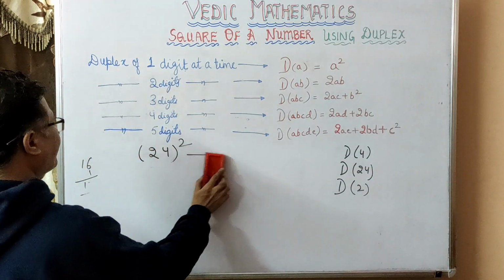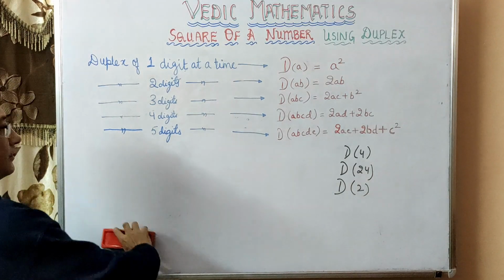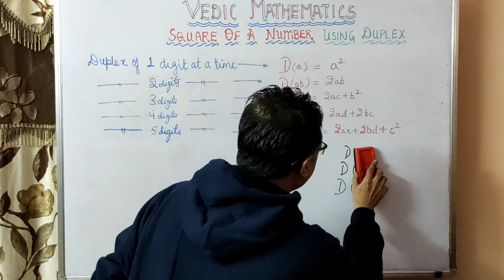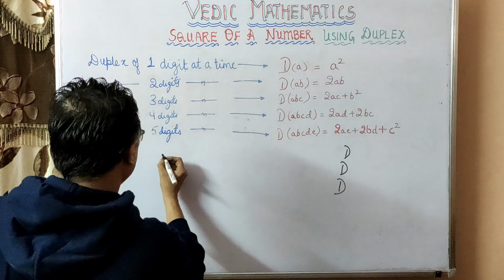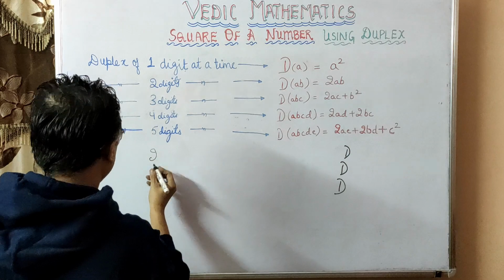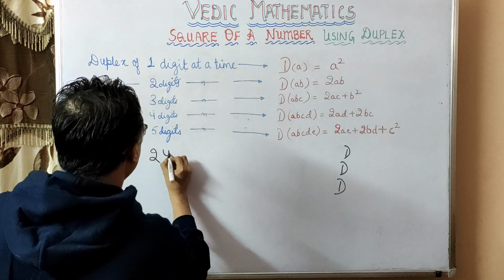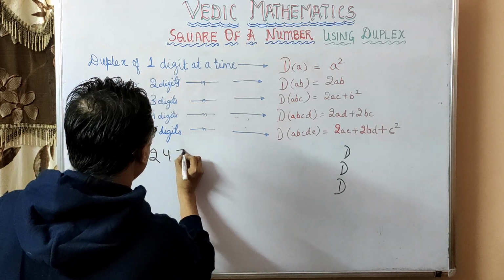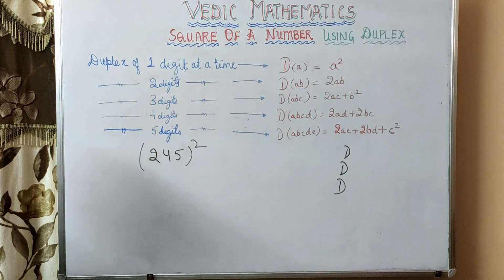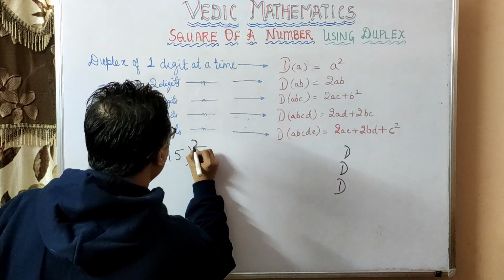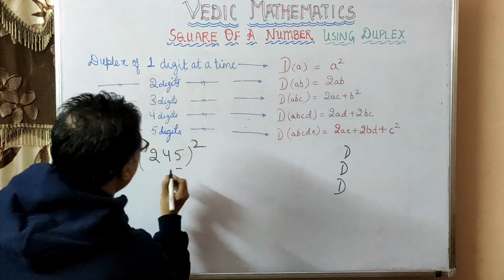Suppose we have to calculate the square of 245. Now start from here, start from the right.